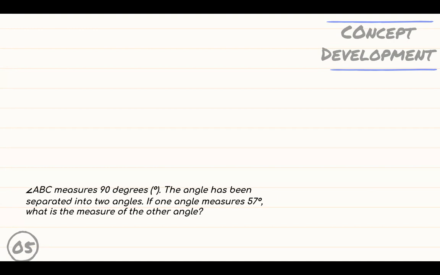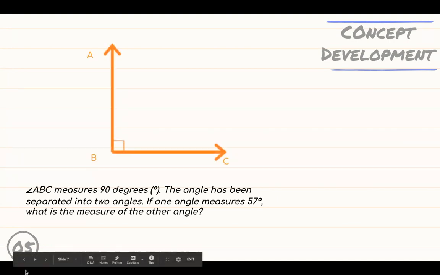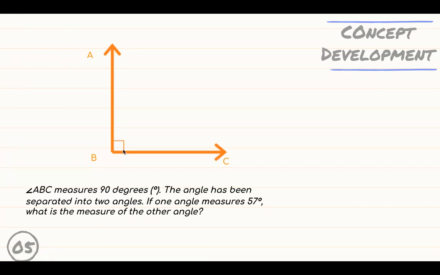Angle ABC measures 90 degrees. This little box means 90 degrees. The angle has been separated into two angles. If one angle measures 57 degrees, what is the measure of the other angle?